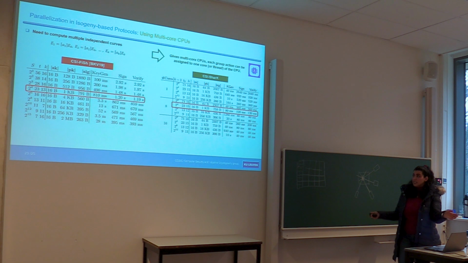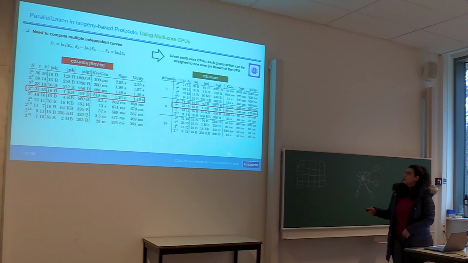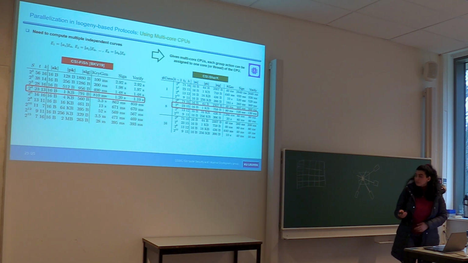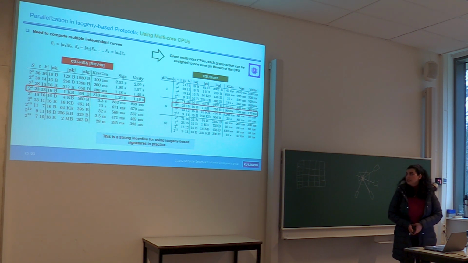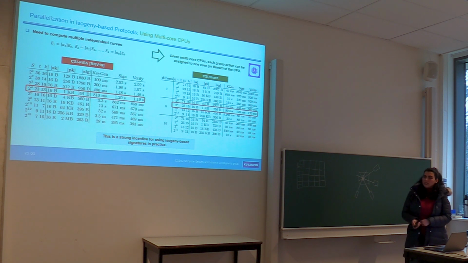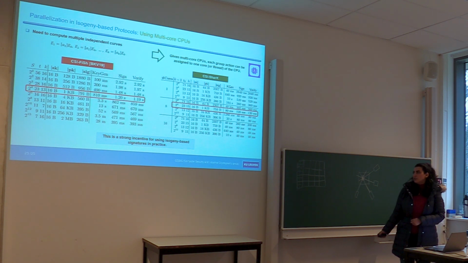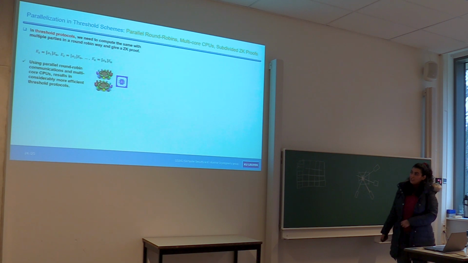But here we show that with a smaller public key, we can achieve a better signing time and verification time. And this shows that it is possible nowadays in practice to use these isogeny threshold signatures.